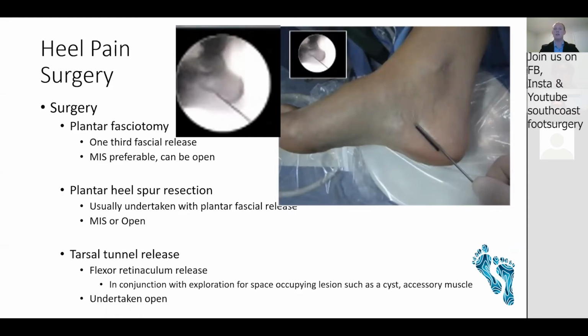And in those cases, it may be that we do a minor debridement of that muscle and repair, or we need to excise that ganglion if that's the case. And these may be coming off the tendon, the muscle, or other structures in that area, such as joints. And yeah, as I mentioned, I like to undertake that open.